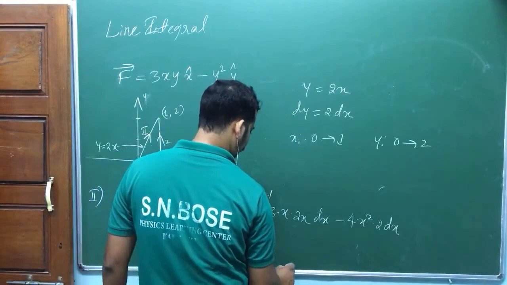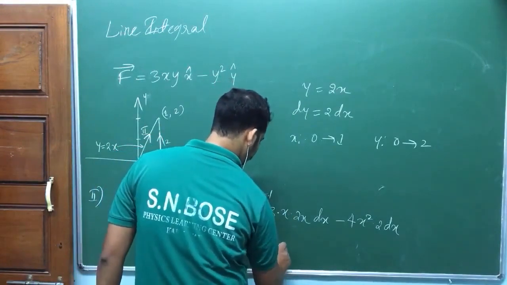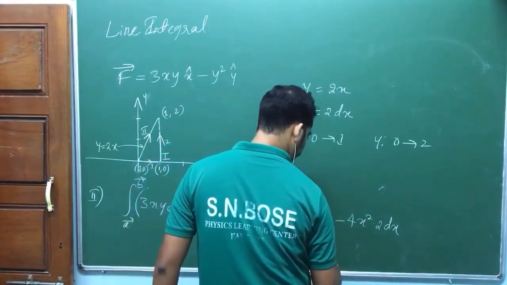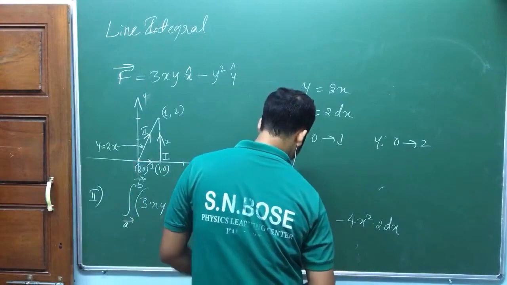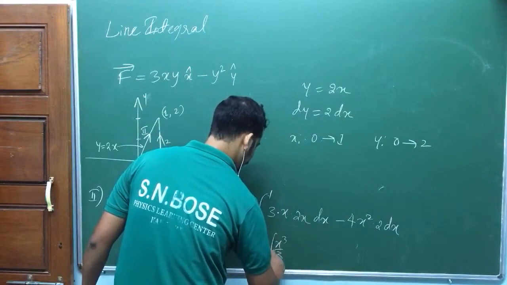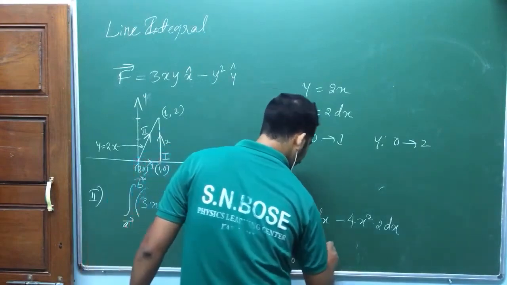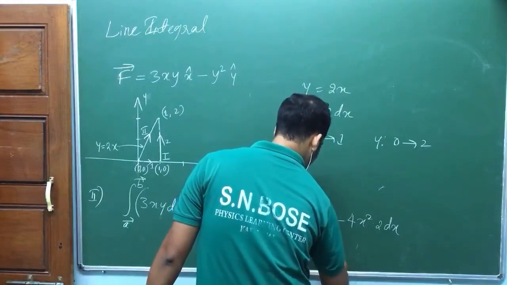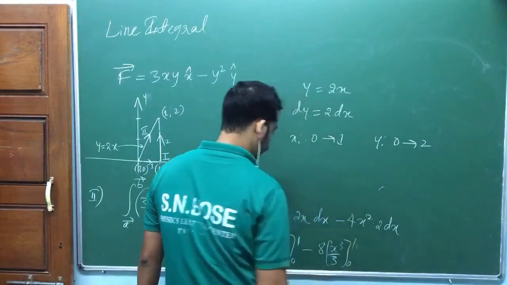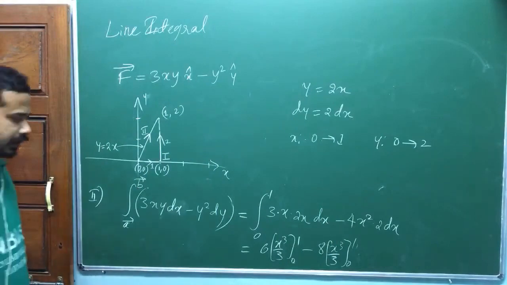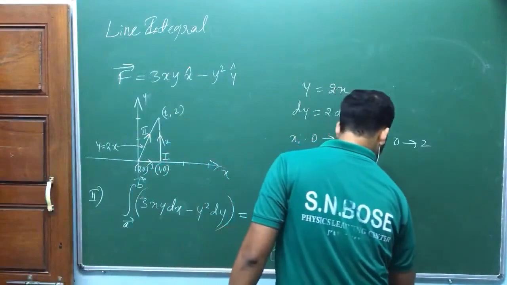Six into x square by 2 running from 0 to 1 minus x cube by 3, am I right? 0 to 1 minus 4 into 2, 8, 8 x cube by 3 running from 0 to 1. Is the answer minus 2 by 3? 6 by 3 minus 8 by 3, minus 2 by 3.